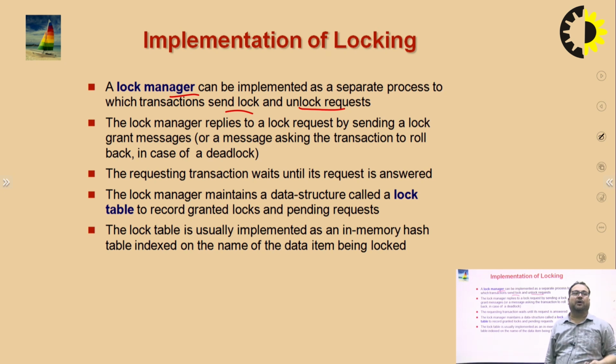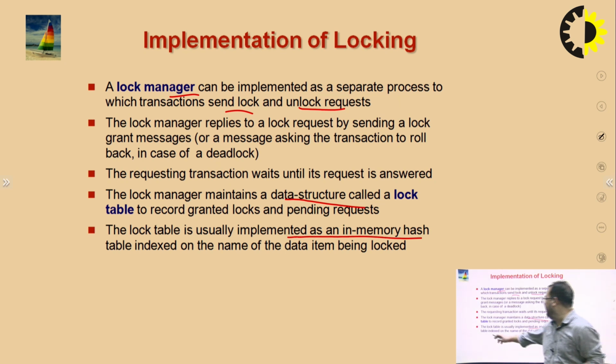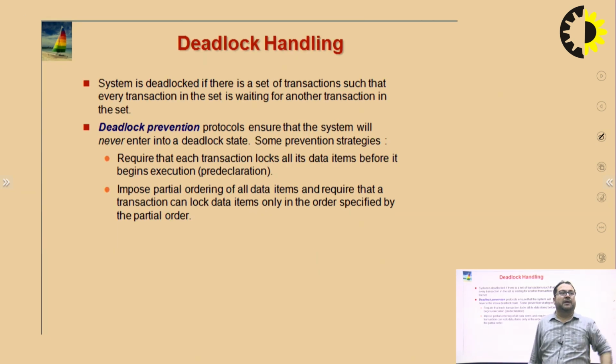The lock manager maintains a data structure called the lock table to record granted locks and pending requests. The lock table is usually implemented as an in-memory hash table indexed on the name of the data item being locked. If there is a deadlock, we have deadlock handling techniques, which we use to overcome it.